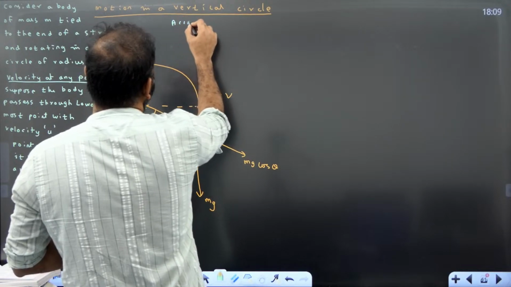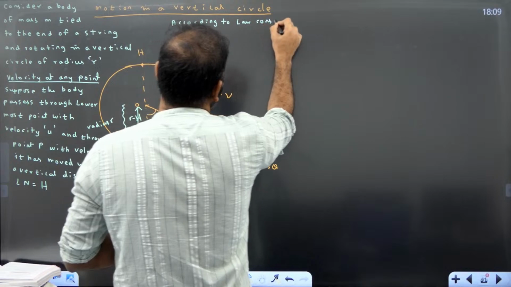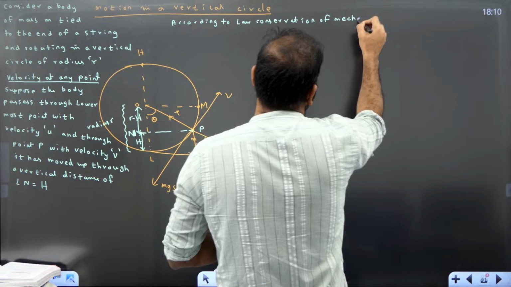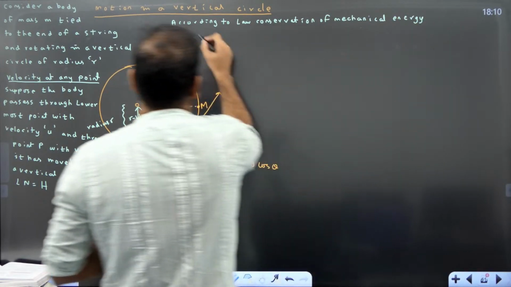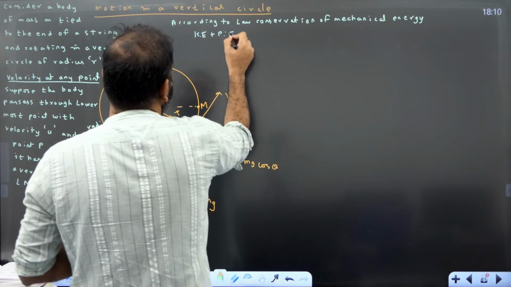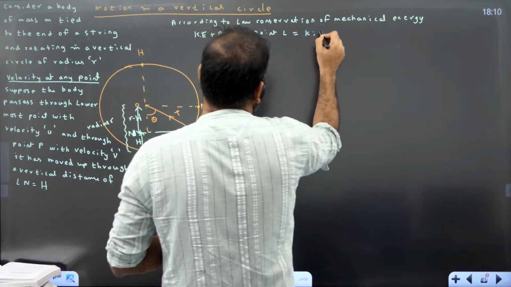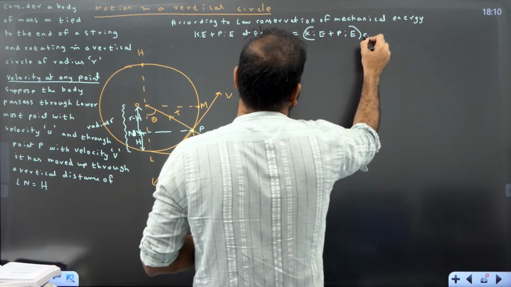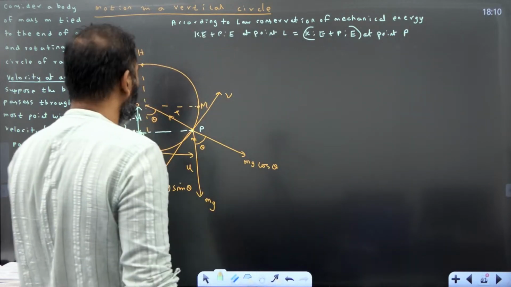Then according to law of conservation of mechanical energy, kinetic energy plus potential energy at a point L is equal to kinetic energy plus potential energy at a point P. What is the kinetic energy at the lowermost point?